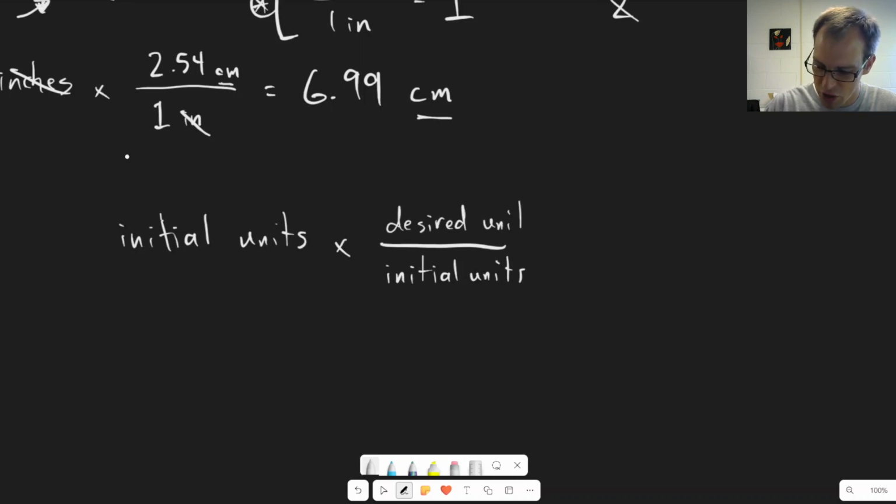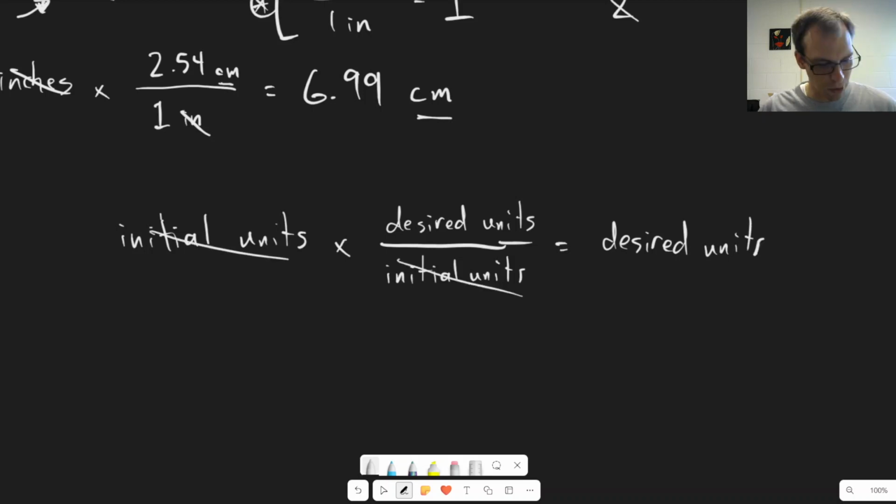That's just generalizing from the example we just did. That'll give us the desired units here. These initial units are going to cancel. So that's the basic introduction to unit conversions and dimensional analysis. I'll do one more example in the next video, and then we'll talk more about why I limited myself to 6.99 here, even though I had more digits in my answer.